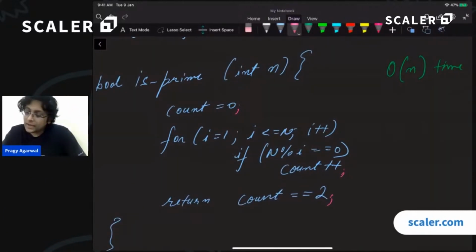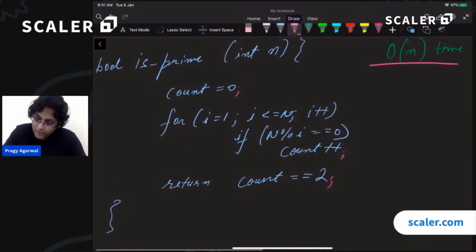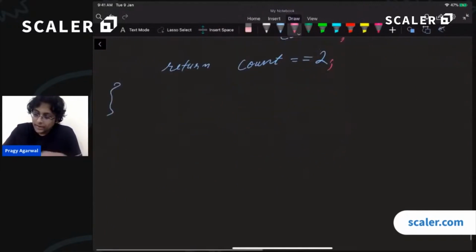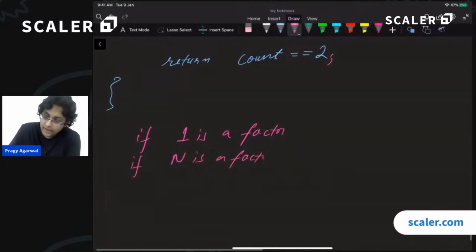All right. So we see that this is linear in time, but we already know that we can improve this a lot. So how can we improve this? Instead of going from 1 to n, note that 1 is a factor and n is a factor, and prime numbers have exactly 2 factors.